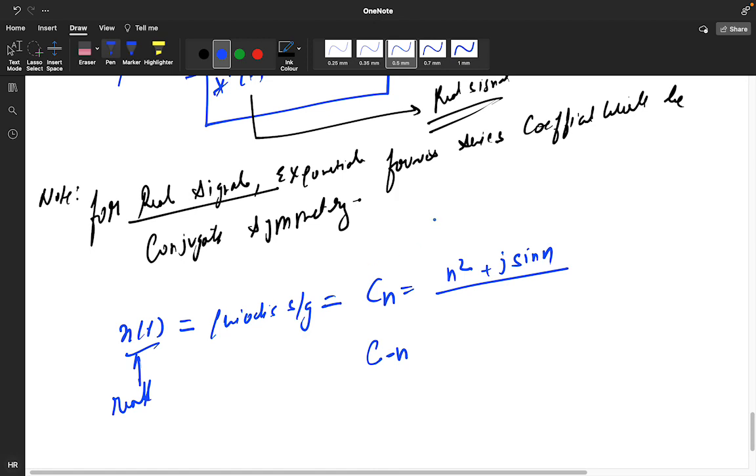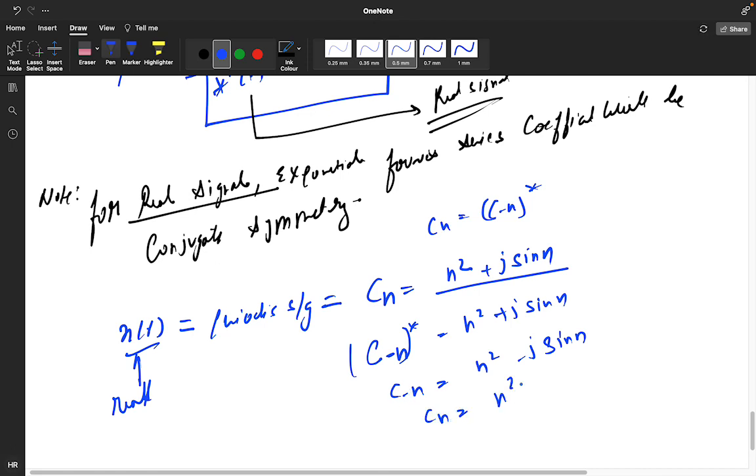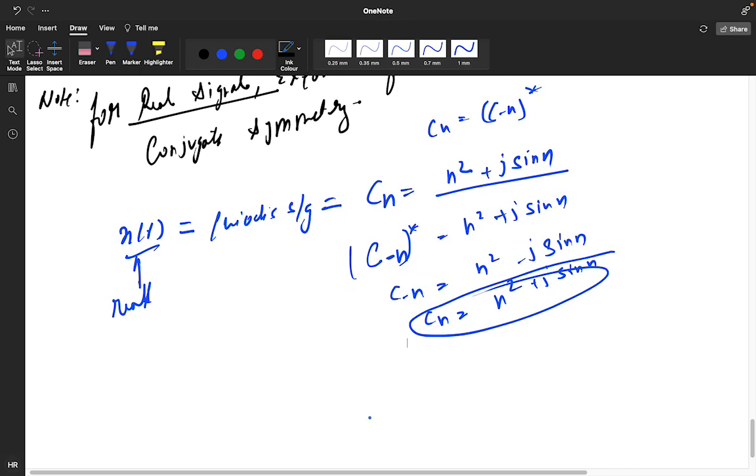Because we know that in a real signal c of n is equal to c of minus n conjugate. So if I am taking c of minus n conjugate, I am getting n square plus j sine n. So if I cancel this conjugate, I will get c of minus n is equal to n square minus j sine n. And if I cancel this minus, then I will get n square, sine of minus n will be minus, so plus j sine n. So we got the value of c of n using that property, because in a real signal c of minus n conjugate is equal to c of n.